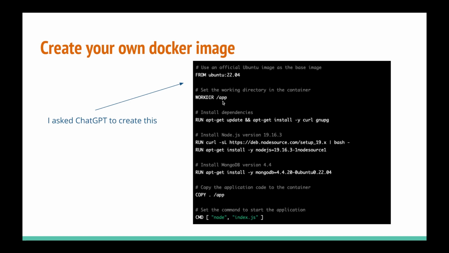It's going to create an app directory inside the container and switch to that, then update the list of packages in Ubuntu, and then install Node 19 and then MongoDB, and then it's copying the current directory to the app directory of the container, and then we're ready to go and start our Node.js application inside a container.